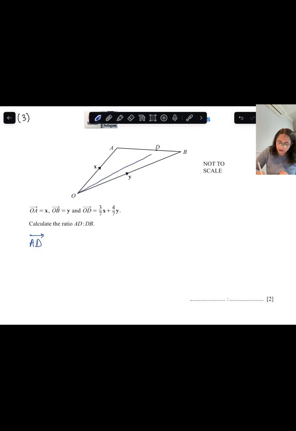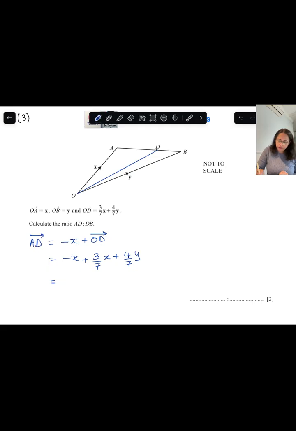Let me connect this. Okay, so AD is going to be, you need to start at A, so we're going to have minus X plus OD. And what is OD? That's given to you, 3/7 of X plus 4/7 of Y. Let us combine the like terms.